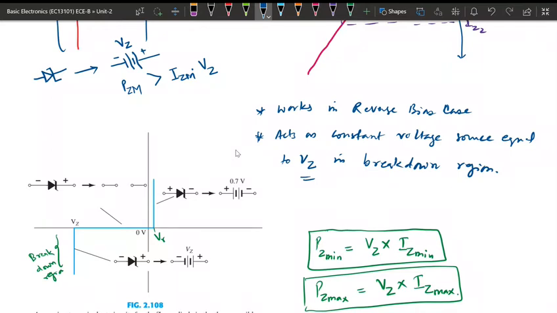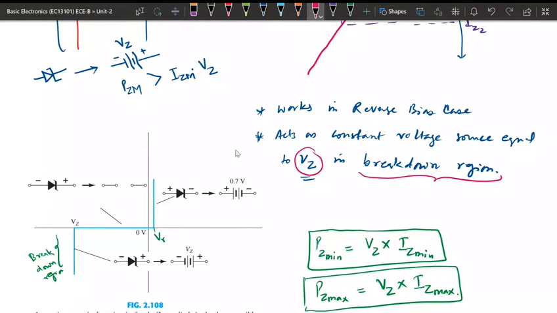To make a Zener diode work as a voltage regulator, we need to maintain the condition that it works in the breakdown region. So we should apply an input voltage such that it works in the breakdown region only. Once it is inside this breakdown region, it will be replaced by a constant voltage source Vz.